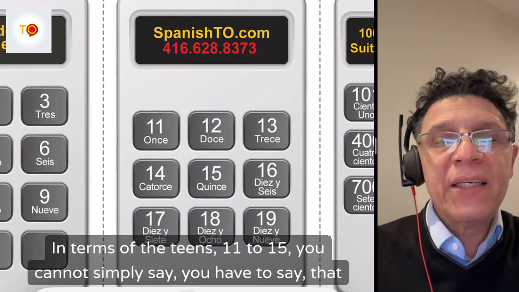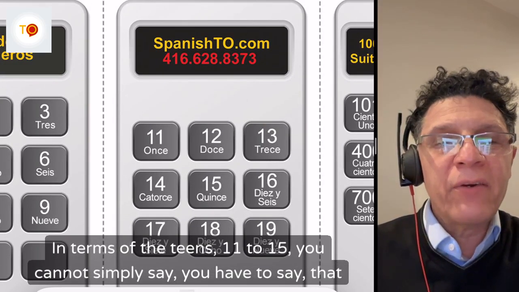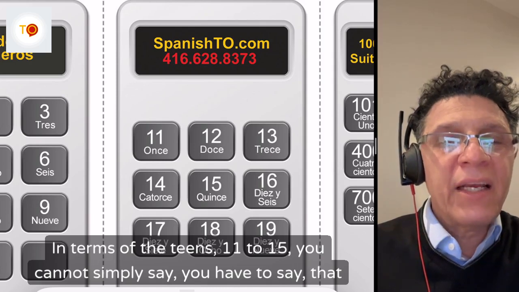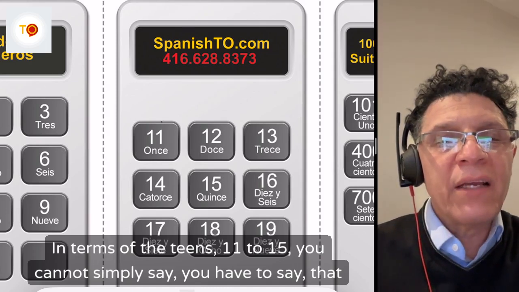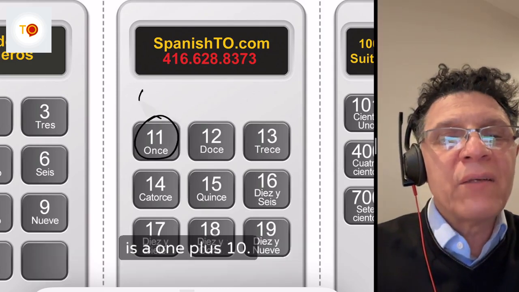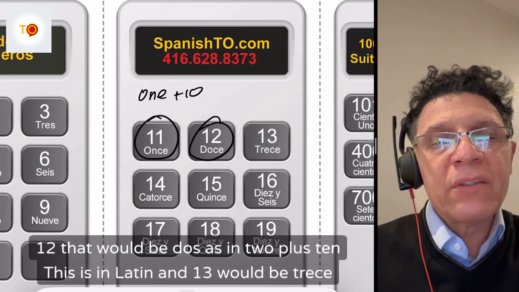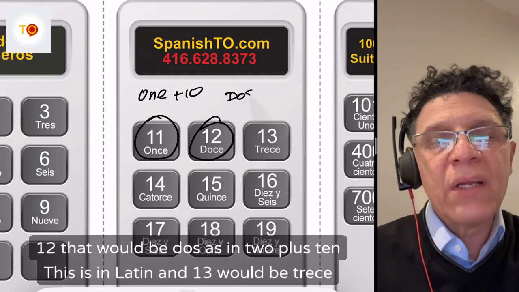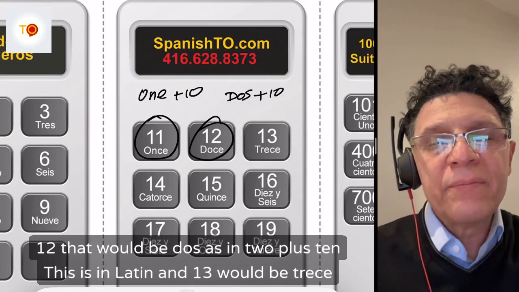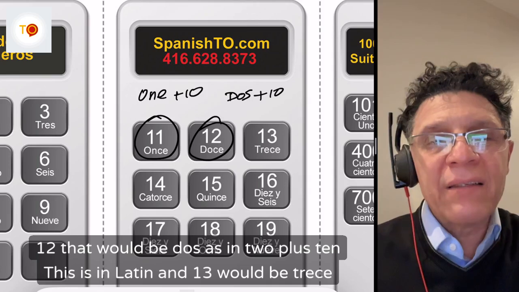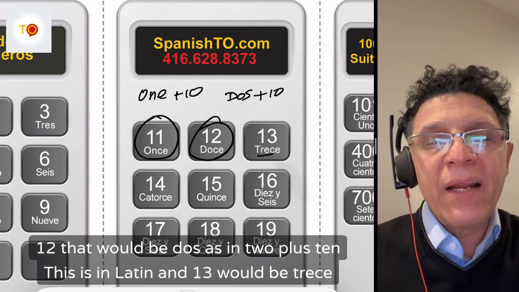In terms of the teens, 11 to 15, you cannot simply say 10 y 1. You have to say 11. That's a 1 plus 10. 12, that would be 2 plus 10. 13 would be 3.